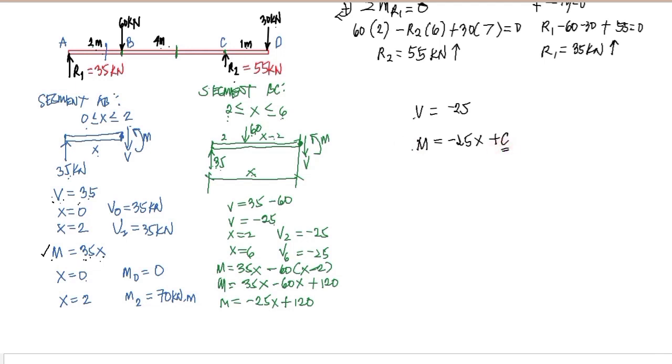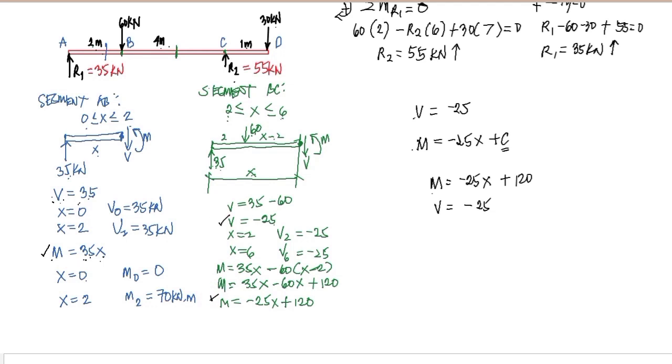But if we have here our moment equation, and from the moment equation we take the derivative, that would give us the equation of the shear, and this is equal to negative 25. So, from the moment equation, check natin whether tama ba yung shear equation natin.